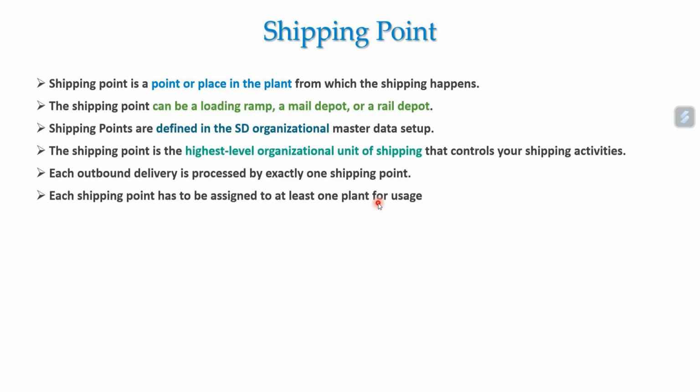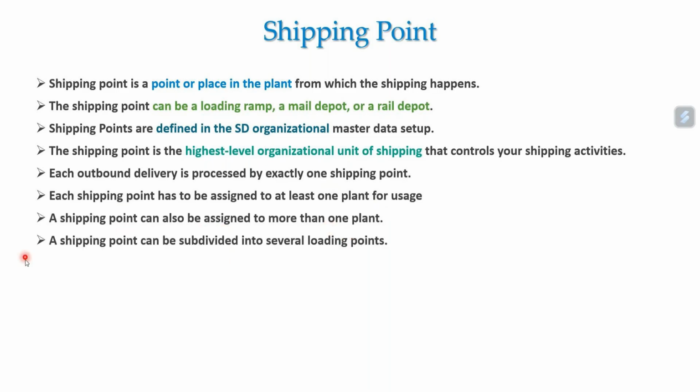You made them as two plants in the system because they are two different addresses, but situated next to each other, they can have a common shipping point. And why is that? Because you do not want to waste a lot of space for shipping. So therefore you have two plants but one shipping point. Okay, I already told you, assigned to more than one plant.